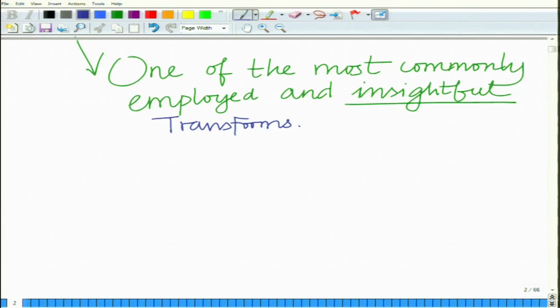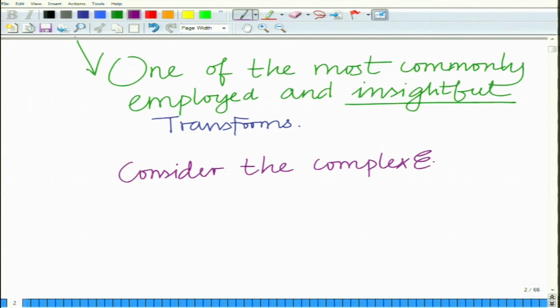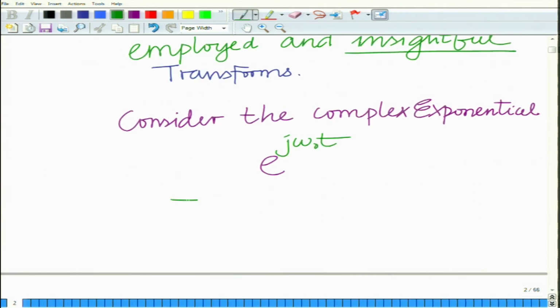Okay. And the basis for the Fourier transform is a very simple function. Consider the complex exponential, something that we have already seen. This forms the basis for the Fourier transform. Consider the complex exponential signal e to the power of j omega naught t.